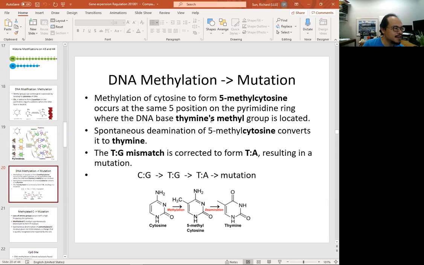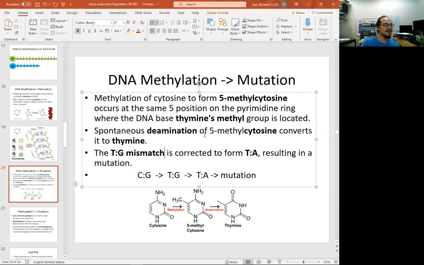And there is spontaneous deamination that removes this NH2 group and replaces it with an O. Then we will have the thymine.